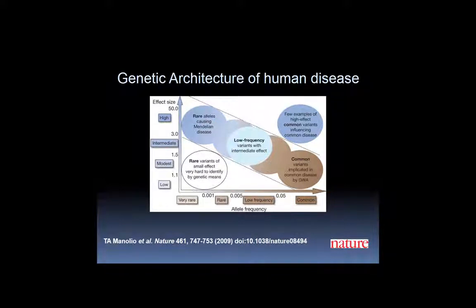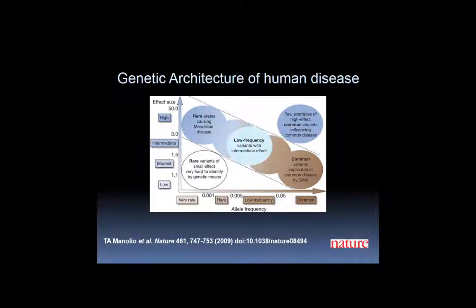On this graph, you have allele frequency on the x-axis going from very rare to common. And on the y-axis, you have effect size, from low effects, sort of 1.1-fold, up to very high, and obviously fully penetrant. If you carry the allele, you're going to get disease, right? So this is where our familial Alzheimer's disease genes lie.